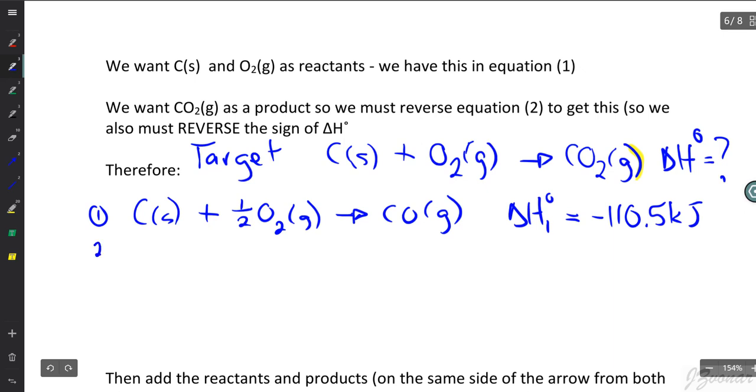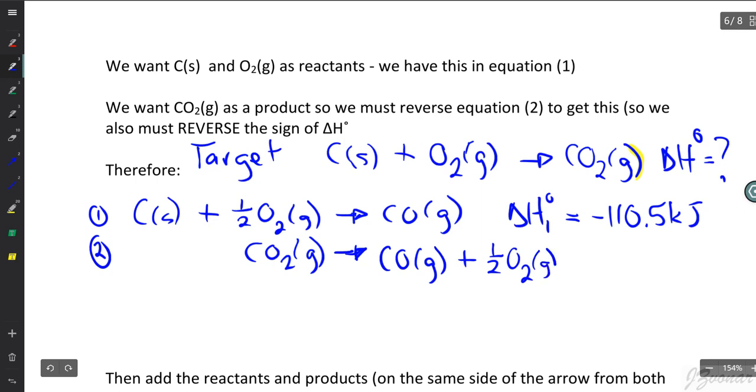The second equation, and it's really important that we keep our arrows lined up, is CO2 gas, lining up my arrows so I see what's reactants and what are products, CO plus a half of an oxygen molecule. And this reaction has an enthalpy change of positive 283.0 kilojoules.